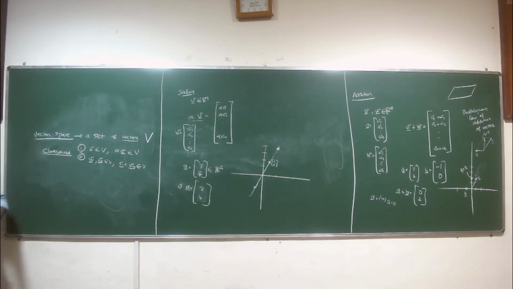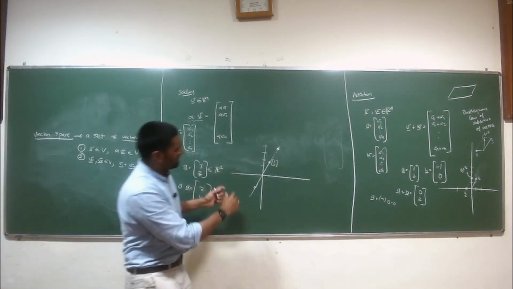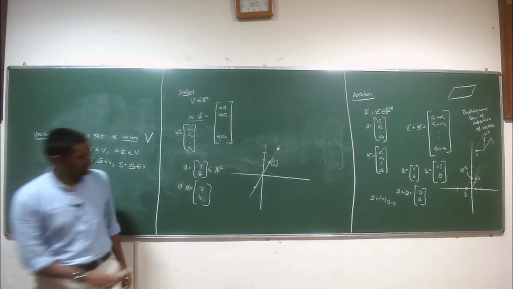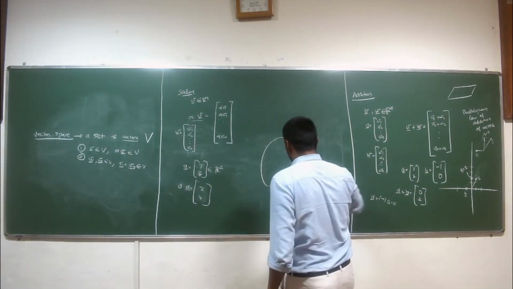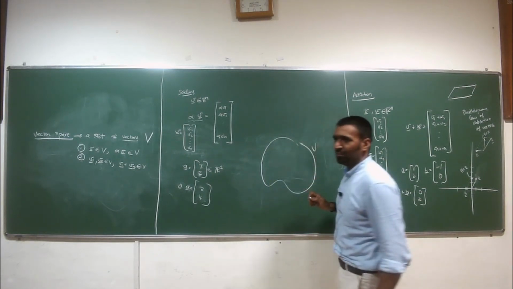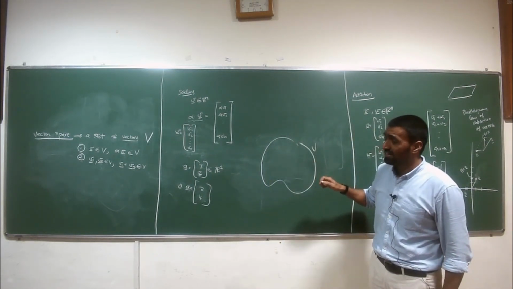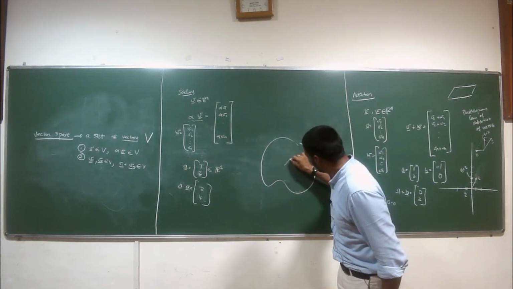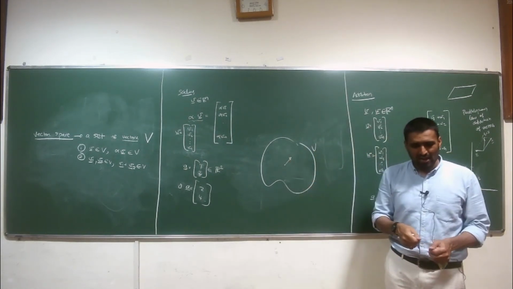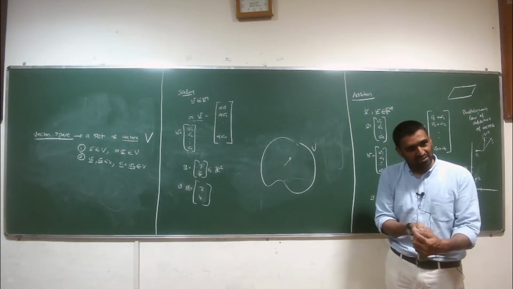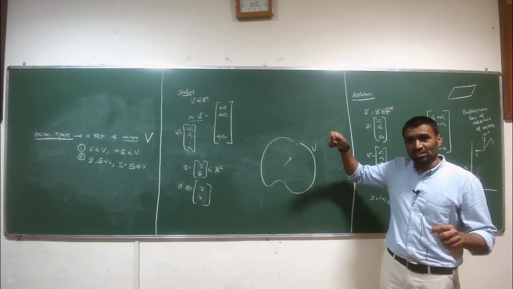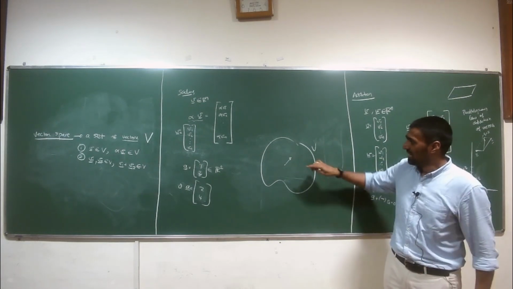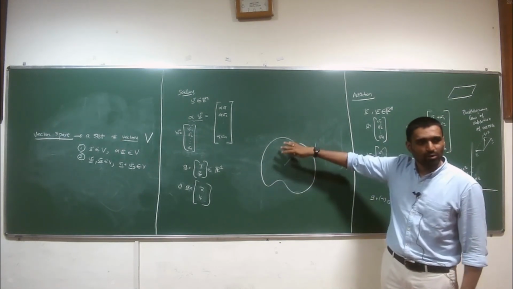What does this mean geometrically? Let's say this is my space. This is the space I'm interested in, this is that space V. Now, if I take a vector V and I stretch it, compress it, reverse the direction, no matter how much I stretch or compress or reverse the direction, that vector will always remain within the boundary of this set.